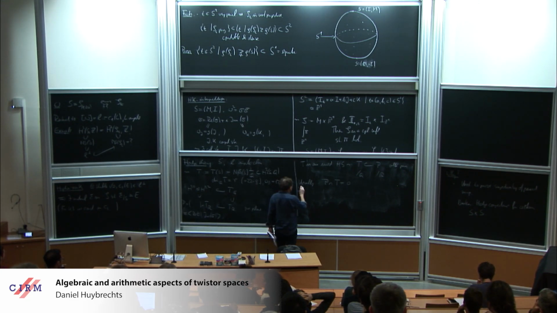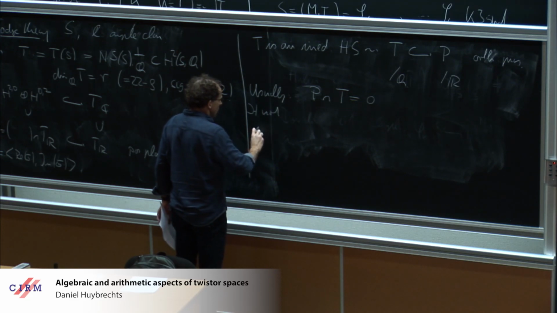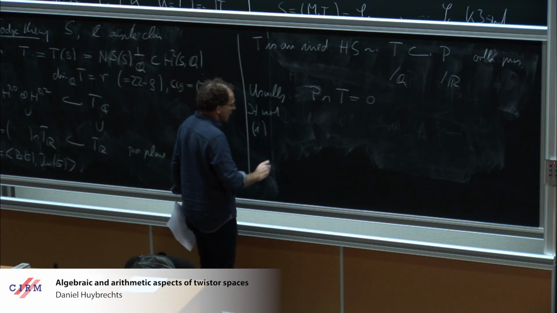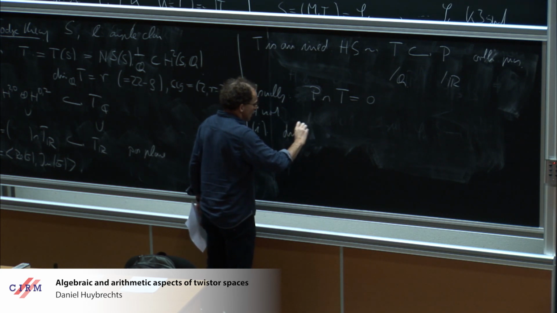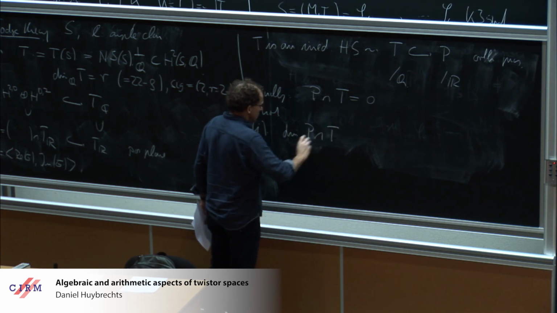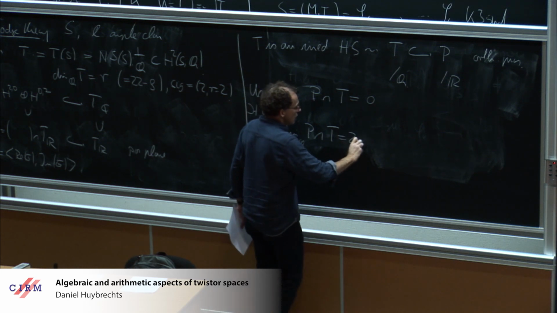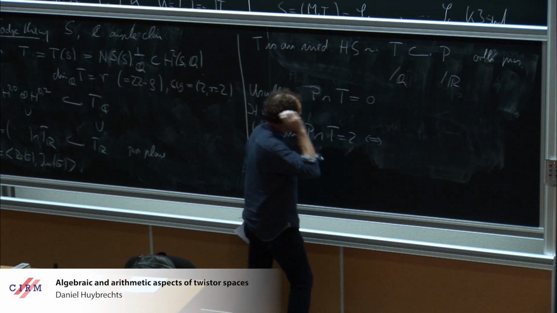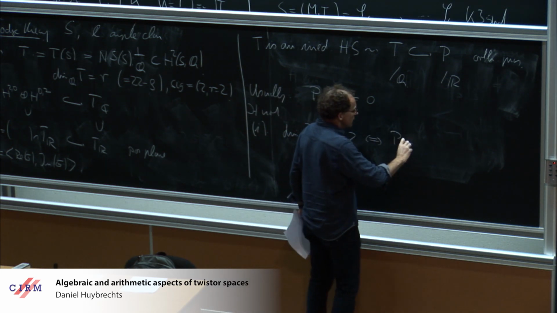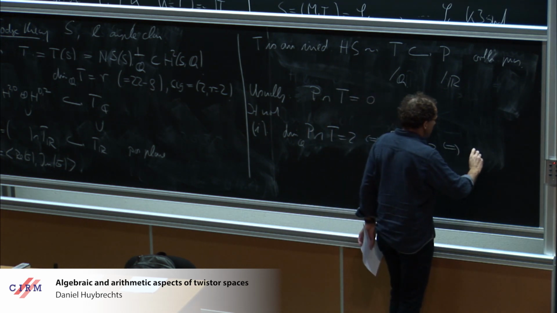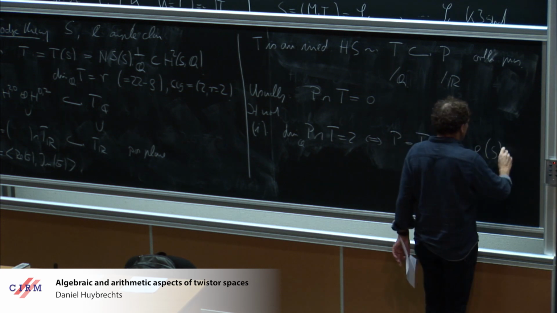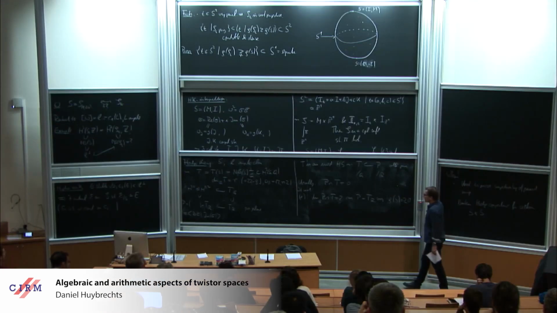If not, then there are two cases. The first one is P is actually defined over Q, so that means this space here is of dimension 2. That's the case if and only if P is in fact TR, or if you want for K3 surfaces, that's the case if and only if the Picard number is maximal.